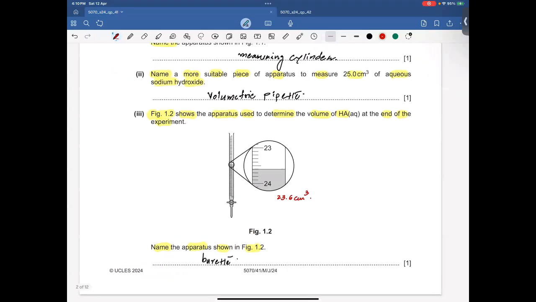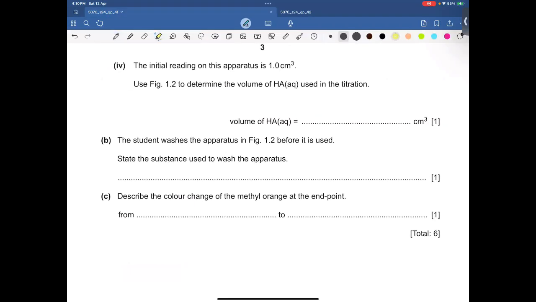Let's move on to the next page. The initial reading on this apparatus is 1 cm cube. Use figure 1.2 to determine the volume of HA used in the titration. So the volume of HA we need to find out.